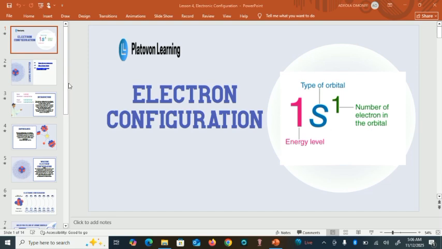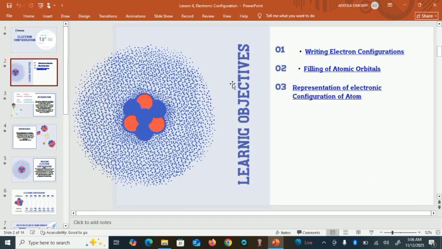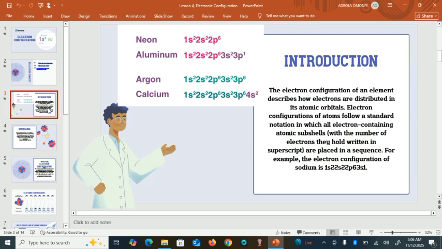Don't forget that we mentioned one of the subatomic particles that revolves around the nucleus of an element, which is the electron. Alright, we'll be looking at how to write electron configuration, filling of atomic orbitals, and representation of the electronic configuration of an atom. Let's get started.